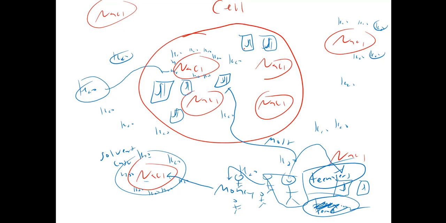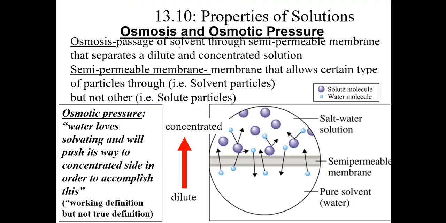So if there's a lot more solute particles within the cell, then a lot of water will go ahead and pass through the cell's semi-permeable membrane in order to surround the solute particles and put them in a solvent cage. So osmosis is the passage of solvent, such as water, through a semi-permeable membrane, such as a cell, that separates a dilute and concentrated side.